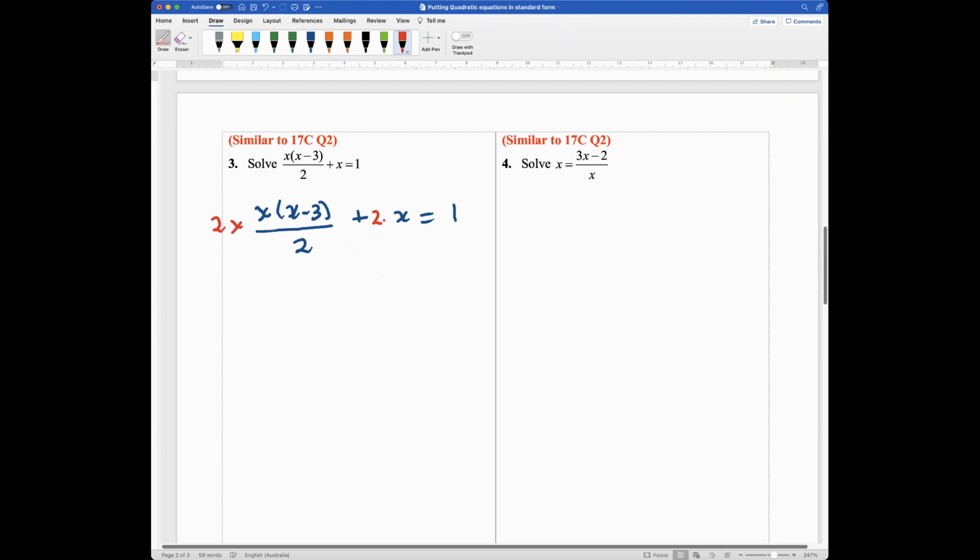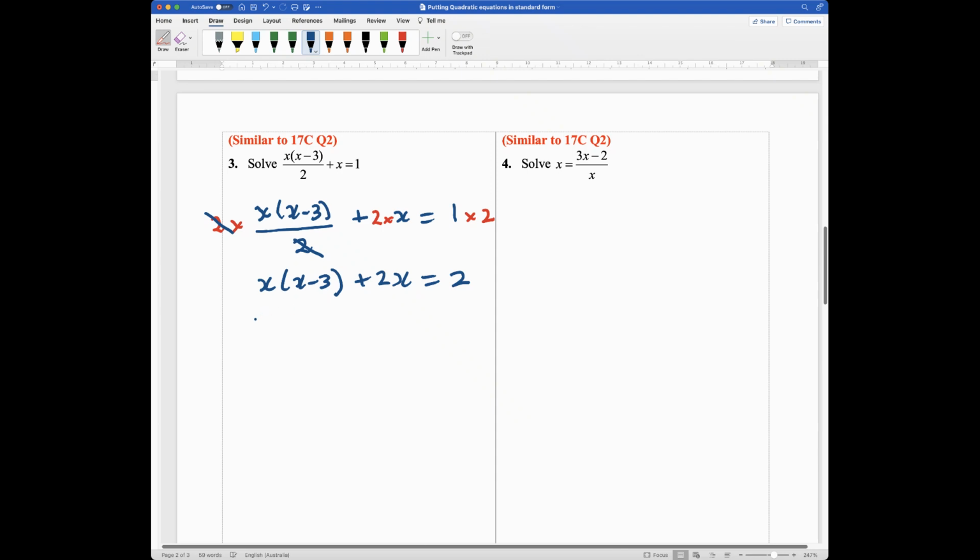We're going to times this by 2 and this by 2. Now the whole point of that is to get rid of the denominator. That's gone. So we're left with x outside of x minus 3, and then we've got plus 2x equals 2. So no more denominator, which is good.